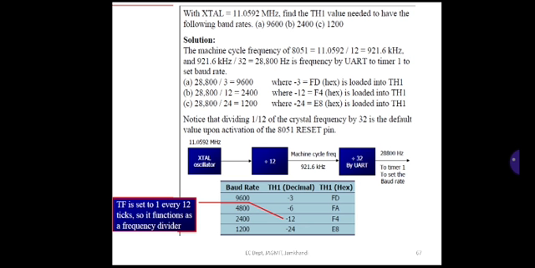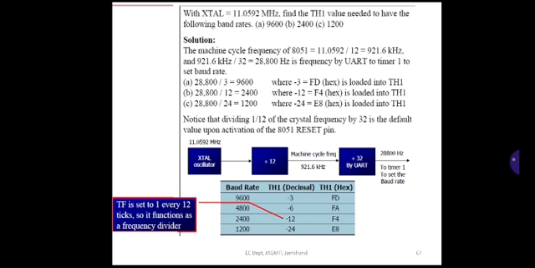Therefore 921.6 kilohertz divided by 32 is equal to 28,800 hertz. This is the number that we are going to use through the programming of timer 1 to set the baud rate.